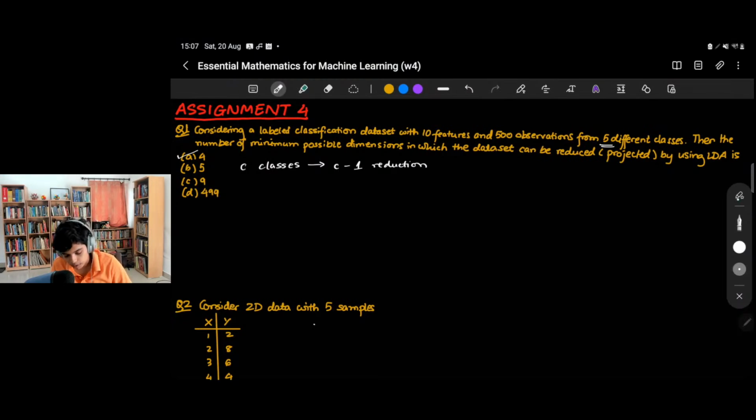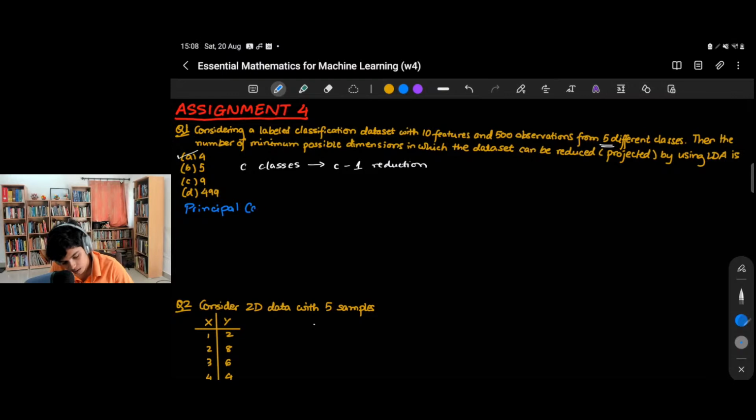And before proceeding, I would like to list down some features of both the PCA, the principal component analysis, and the LDA, the linear discriminant analysis. So let me write down some properties. This will help you in solving the subsequent questions as well.